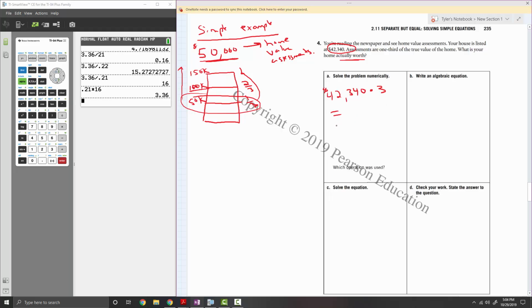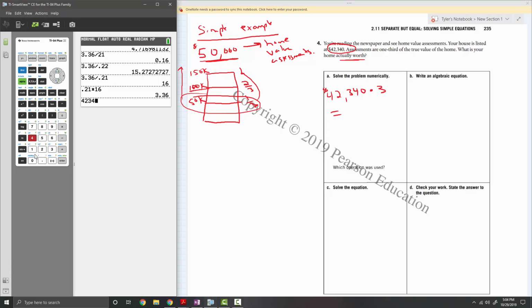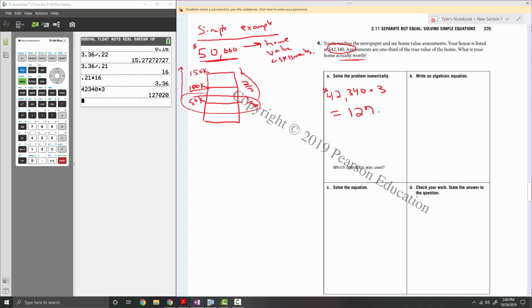So 42,340 times 3, we get $127,020. Then part B is we want to be able to write an algebraic equation. So maybe you want to let V equal the true value of your house.